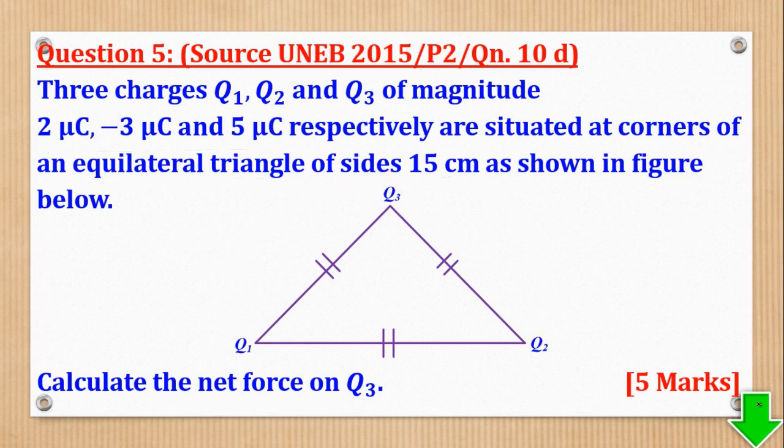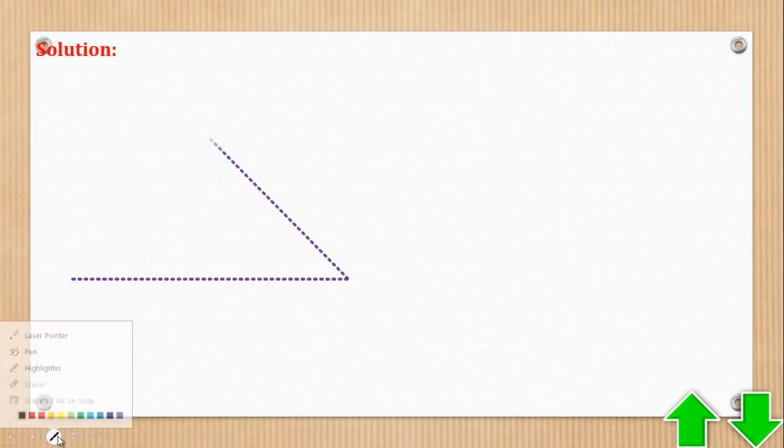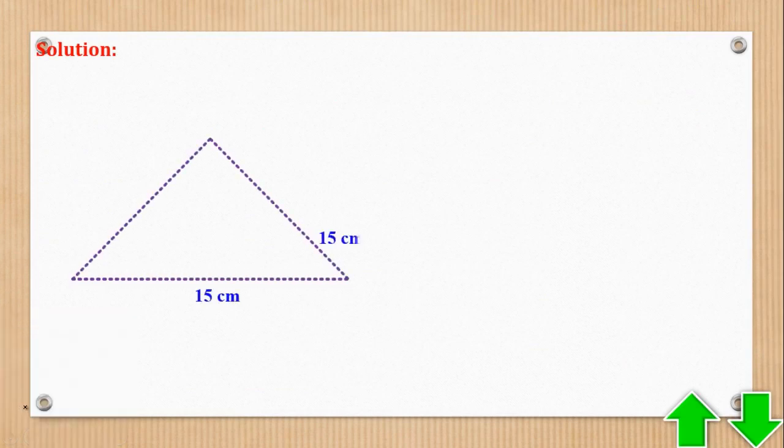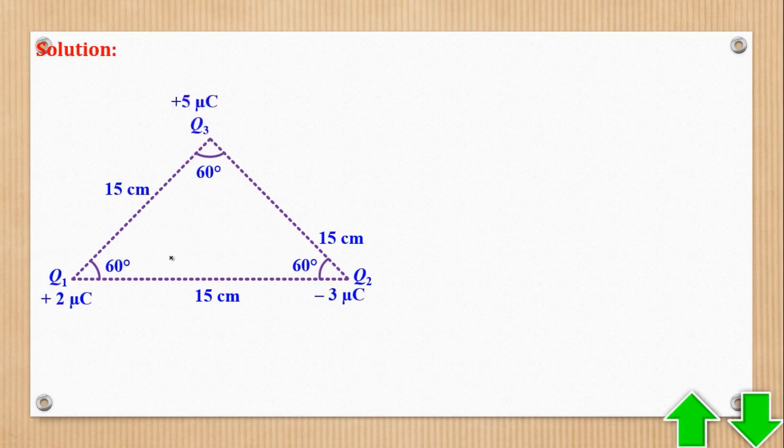Now because it's a triangle, to answer the question we have to redraw the diagram. So we shall come here and redraw the diagram. Then you shall remember that in an equilateral triangle all angles are equal, 60, 60, 60, in order to add up to 180. Then these are the charges they gave us in the question. Now next is to show the forces.